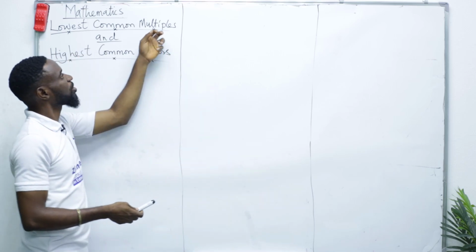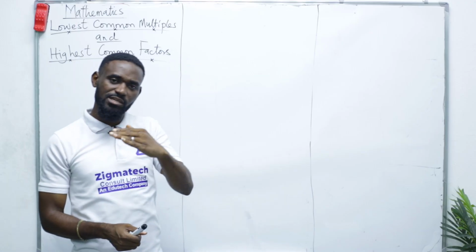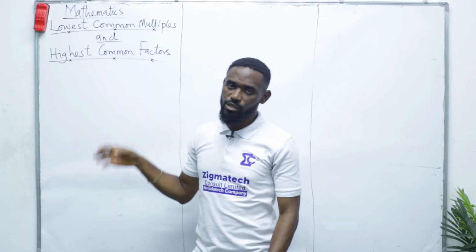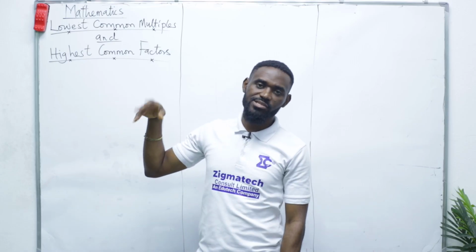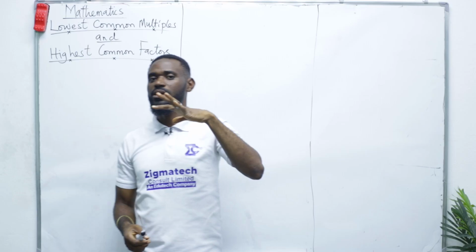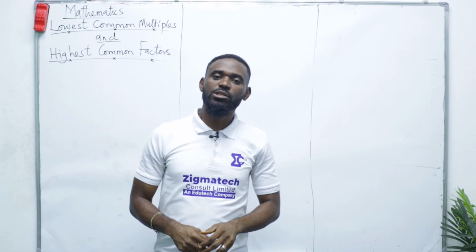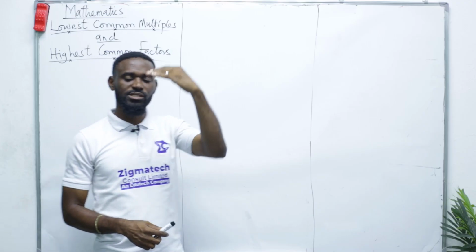So we have multiples. Multiples is something we should understand very well, because it will help us in solving some LCM questions. What are multiples? I know you have a little knowledge of what multiples are. Multiple comes from the word multiplication.